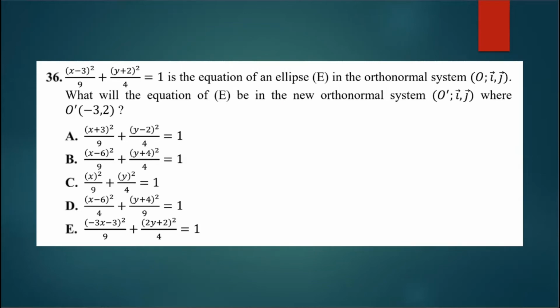So he needs to translate the x and y axes to the point -3 and 2. You're imagining what's happening, that we call transformation of the system.